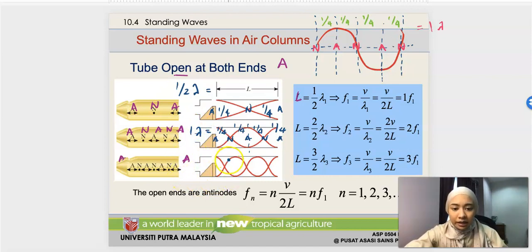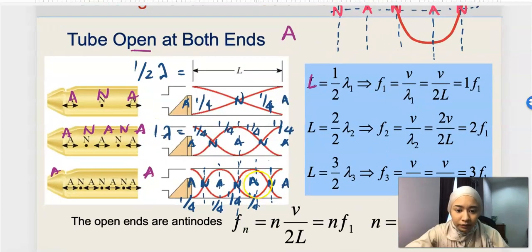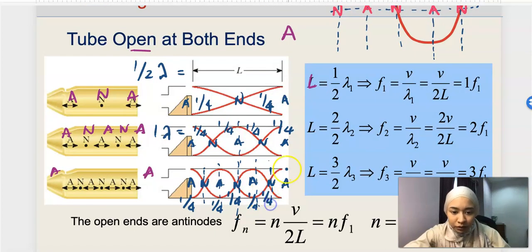And about this one, this is A, N, A, N, A, N, A. So this is 1 over 4, 1 over 4, 1 over 4. This is 1 over 4. And this one is 1 over 4.